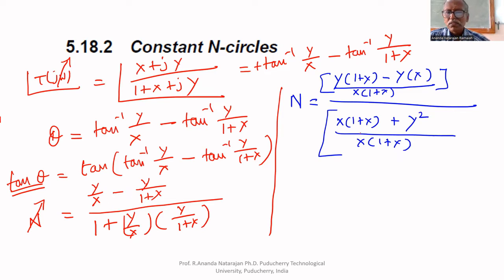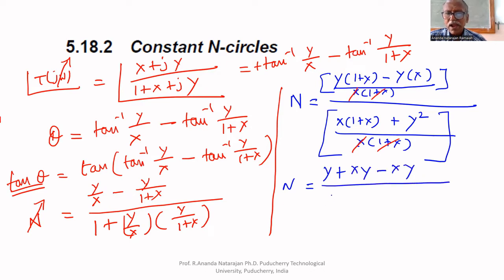So this x and this 1 plus x get cancelled. Therefore, n equal to y plus xy minus xy whole divided by x plus x square plus y square. So this xy also gets cancelled. Therefore, n equals y by x plus x square plus y square.